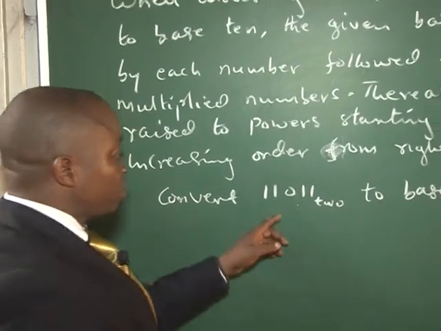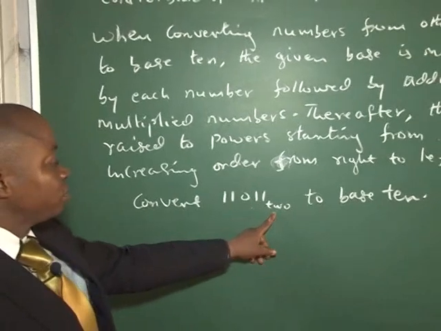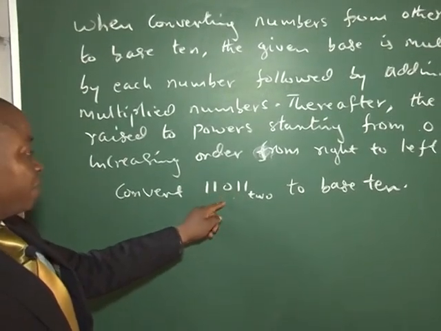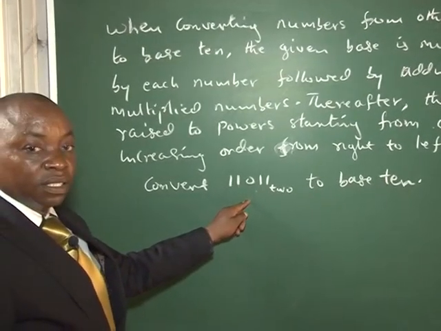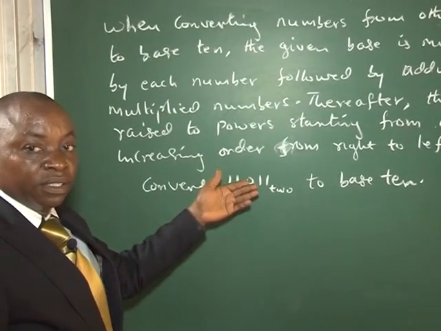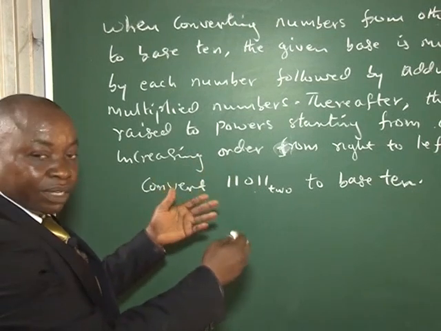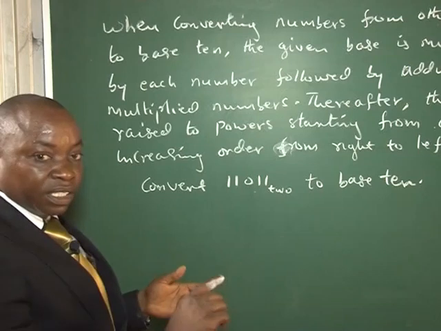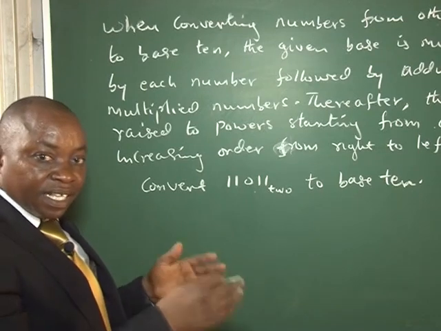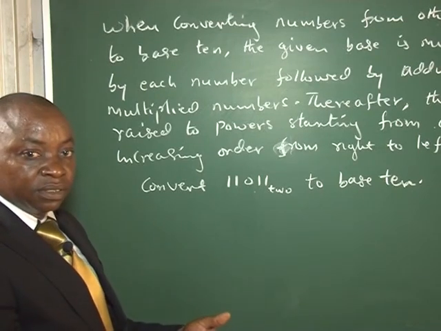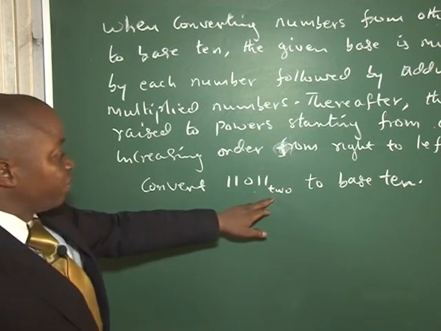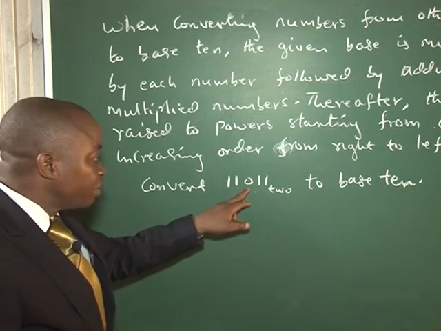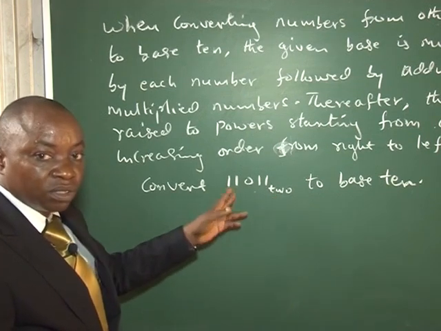Now, there's something you should also notice: in base 2, there is no number up to 2 or 3. In each base that you are taking, the numbers there are less than the base. So if a number is given in base 3, the numbers that you find there must be 0, 1, or 2.